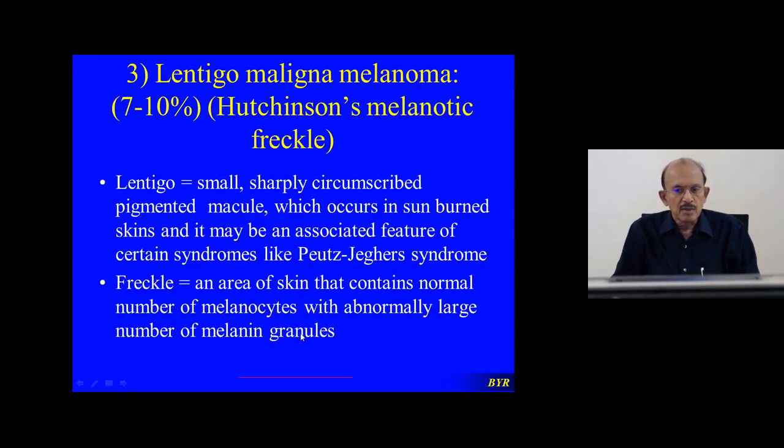There are a normal number of melanocytes, but the melanin granules in the melanocytes are abnormally large. Then you call it the freckle. So it is a histological feature: when you study this lesion, you will find normal looking melanocytes, but they have an abnormally large number of melanin granules.